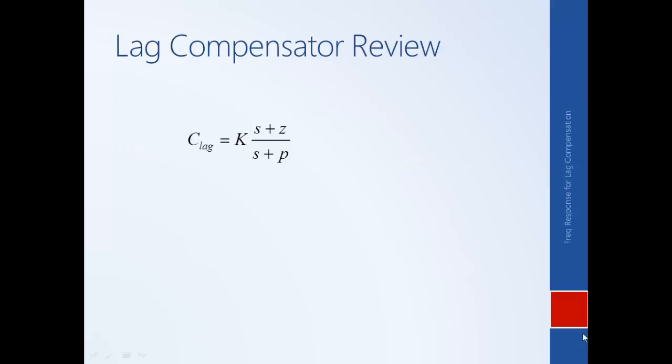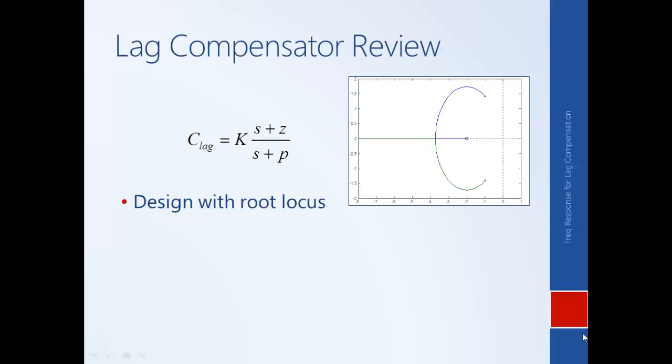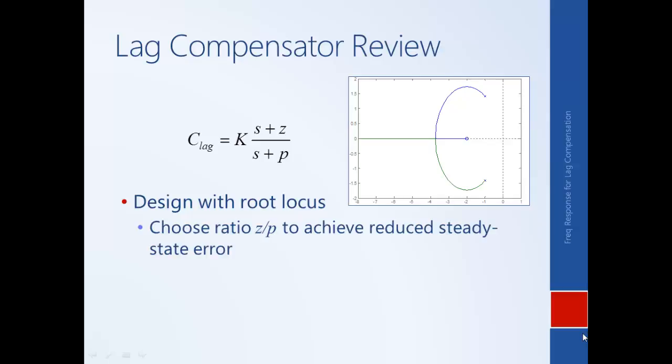Recall that earlier in the semester, we used the root locus to design lag compensators. Specifically, the approach we took was we used the ratio z over p to achieve the desired steady state error. Whatever the specification was, we used the final value theorem to pick the ratio of z to p to achieve a certain steady state error.